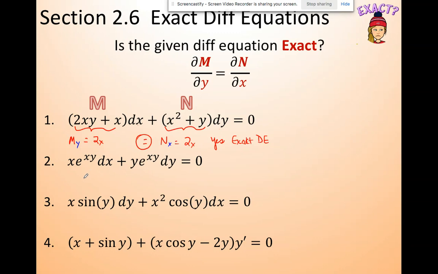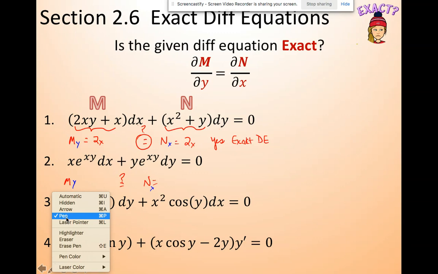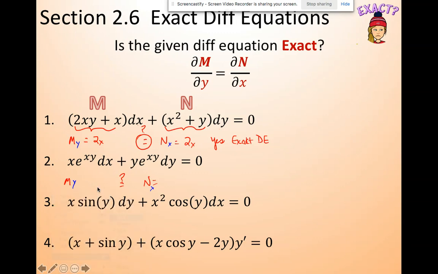How about this one? So this is not a product rule, right?